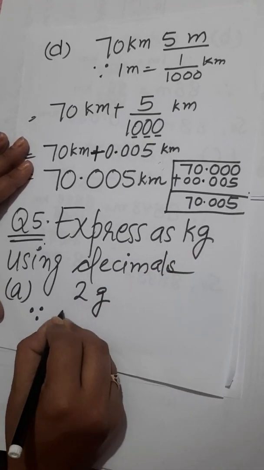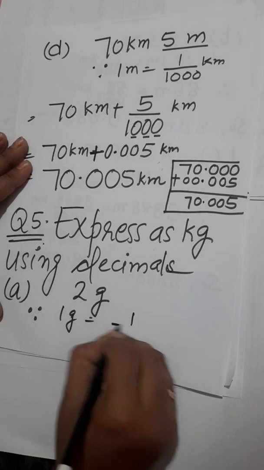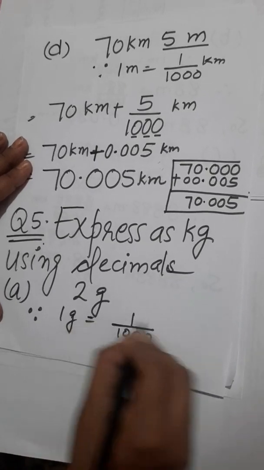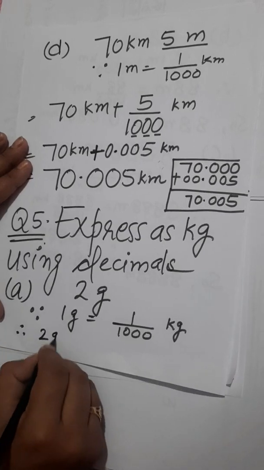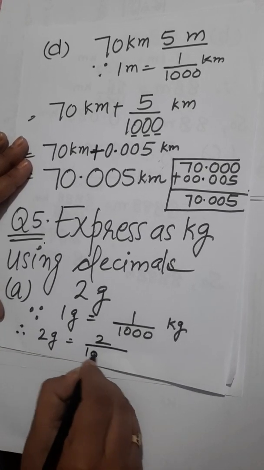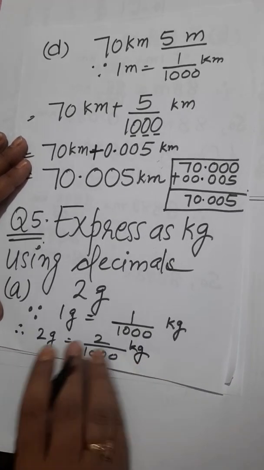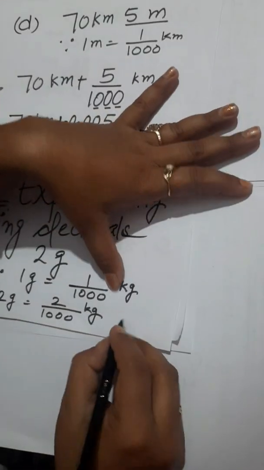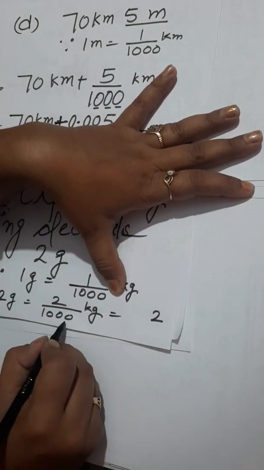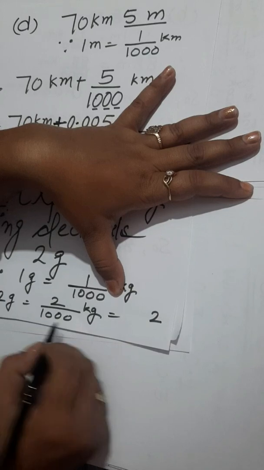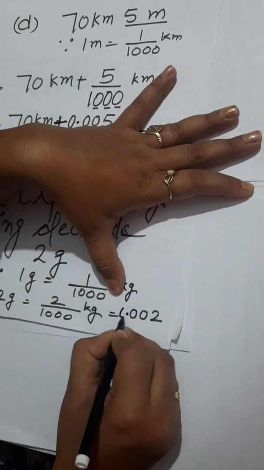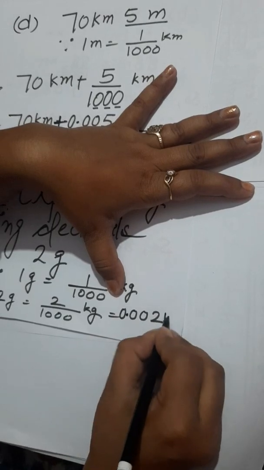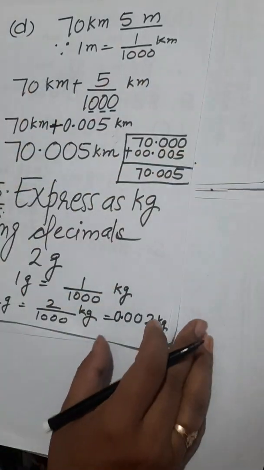Since we know that 1 gram is equal to 1 upon 1000 kilogram, therefore 2 gram is equal to 2 upon 1000 kilogram. Now you have to put decimal, so you will write 2 first, but here you have to put decimal before 3 digits. 1, 2, 3. So 0.002 kilogram. So this is all about A part.